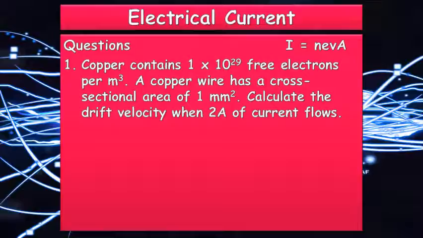Okay, so the way I'm going to approach this is I'm going to draw a diagram. So here we have our copper wire, with a cross-sectional area of about 1 millimeter squared. You have a conventional current, remember, I equals 2 amps. So that means it's going from positive to negative.